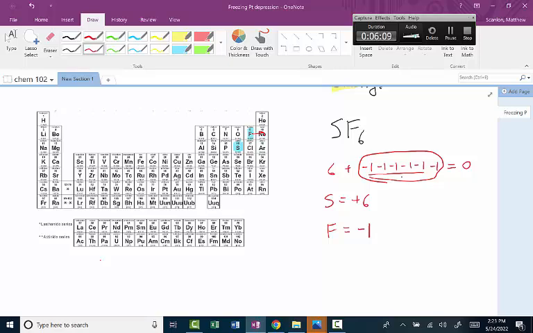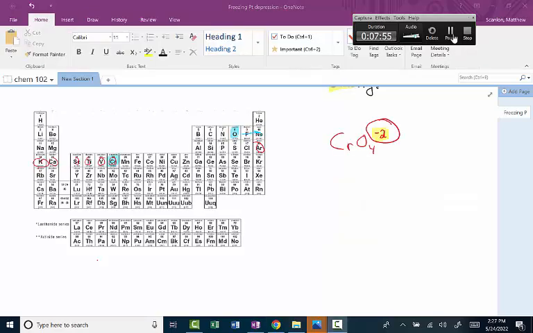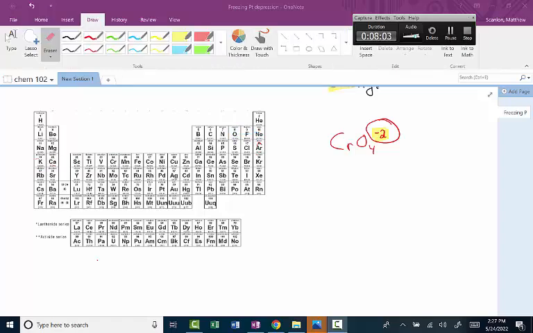All right, another one here. So let's do chromate, CrO4 minus 2. And so when I look at this, I note that chromium is in the middle of the periodic table right there and oxygen up on the far right, upper right. I note that oxygen is more electronegative, so it'll gain 2 electrons and become minus 2.